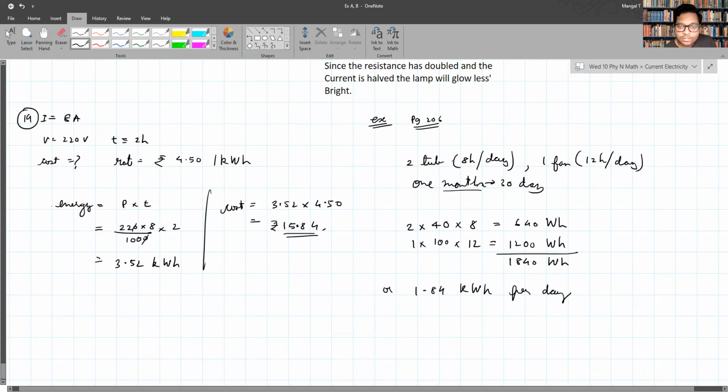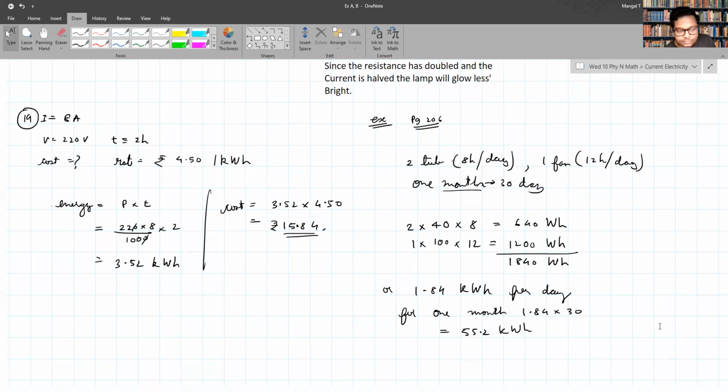Now we need it for the month. So for 1 month, it will be 1.84 into 30. That will be 55.2 kilowatt hour.